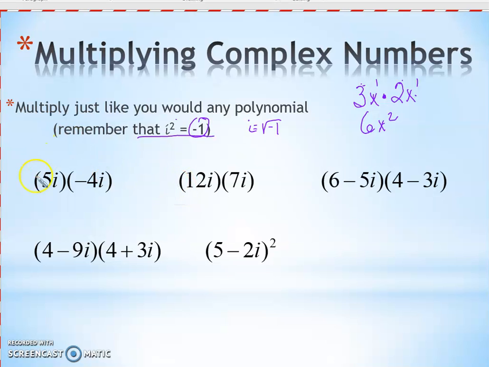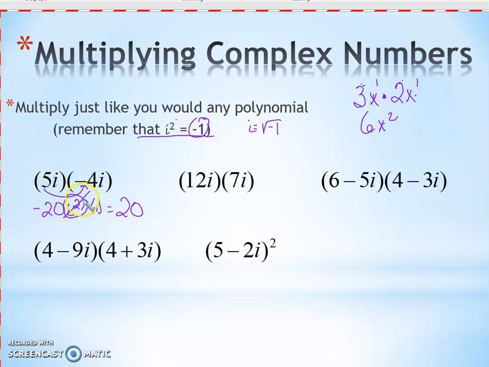Okay? So, we're going to multiply our number portion. So 5 times negative 4 is negative 20. i times i is i squared. But i squared has the value of negative 1. So negative 20 times negative 1 makes that now a positive 20.